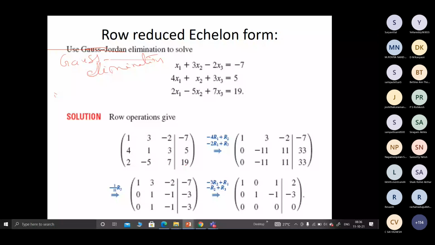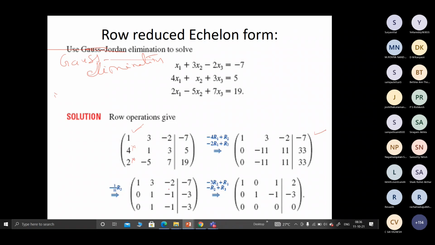Then, with the help of the first entry, make this one and this one 0. Both those two entries become 0 with this operation. R2 equals R2 minus 4R1, R3 equals R3 minus 2R1. If you do that, this is the matrix you are going to get.